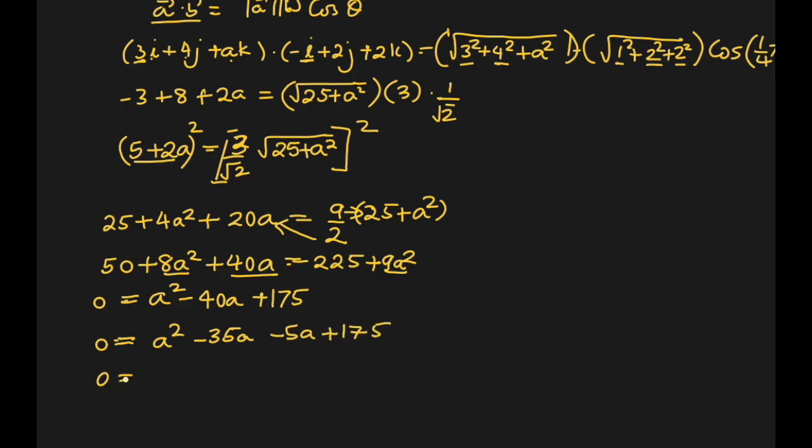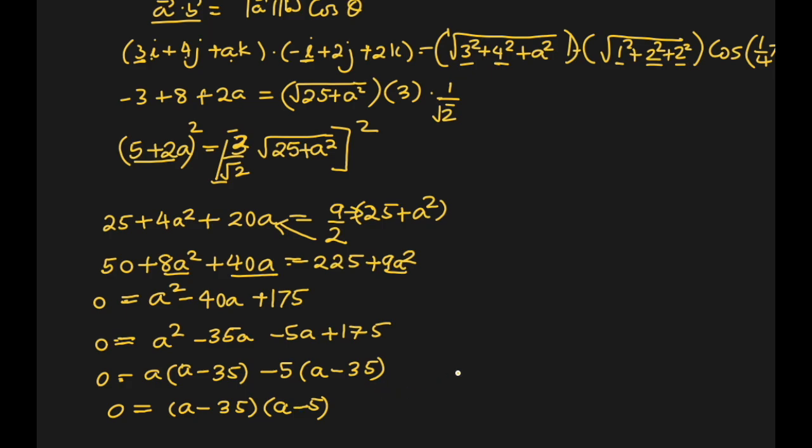0 equal to a common, a minus 35, minus 5, a minus 35. So a minus 35 is in both, and a minus 5 is common. So this gives me two answers.